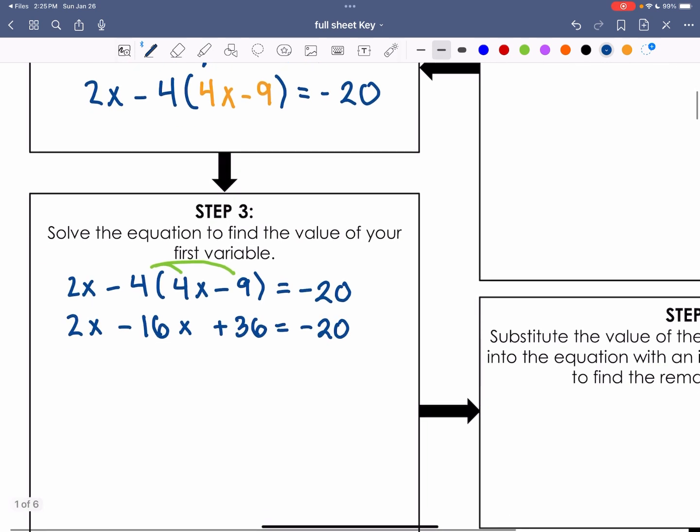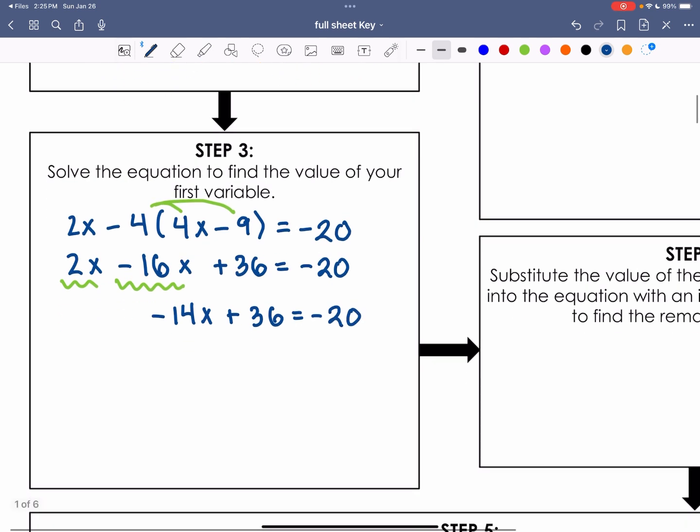And then combining like terms, we can combine the 2x and the negative 16x together. So this will give us a negative 14x plus 36 equals negative 20. And then show as much or as little work as you need to accomplish the rest of this. Check in with what your teacher's expectations are, of course.